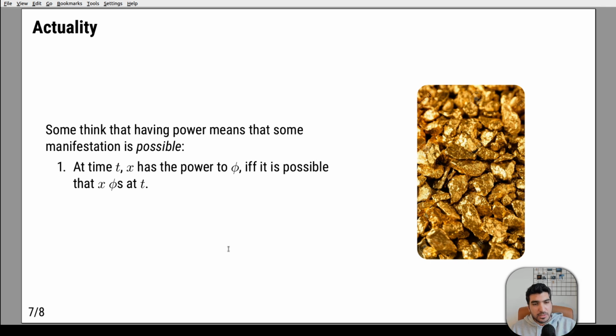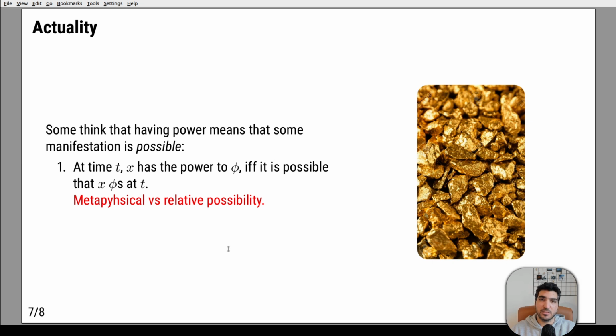Now, what's the problem with this kind of view is that it is not clear what kind of possibility it is. If we're talking about metaphysical possibility, then we will get to weird conclusions, because it's metaphysically possible that the air that I'm breathing is toxic or becomes toxic.